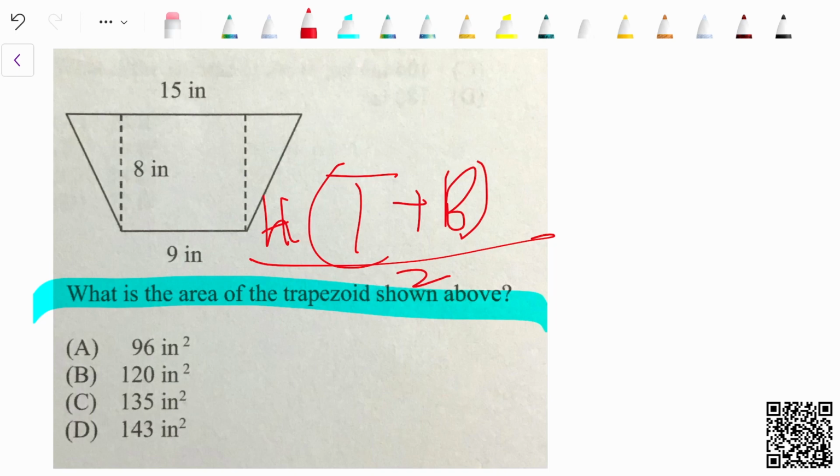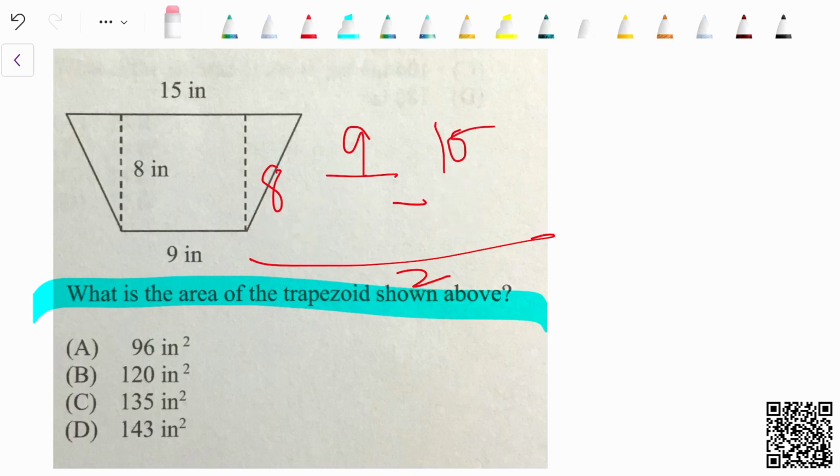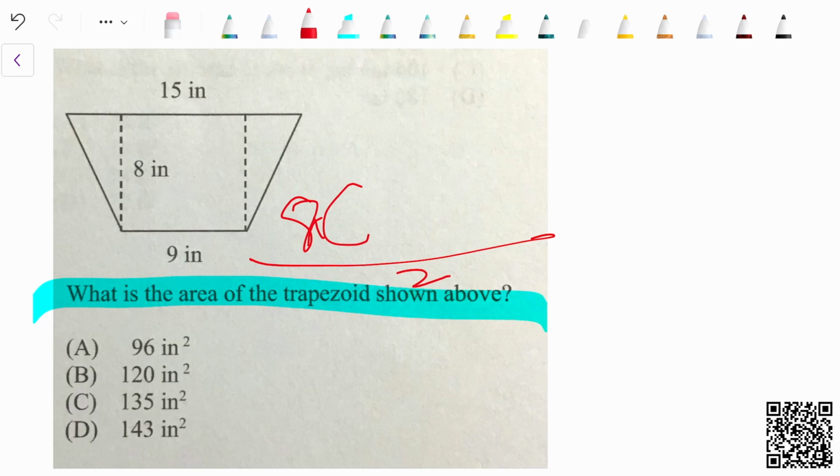Following that same logic, we can swap out the H for an 8, the T for a 9, the B for 15, and we just keep the 2. So our new equation now is 8 multiplied by 9 plus 15, divided by 2.